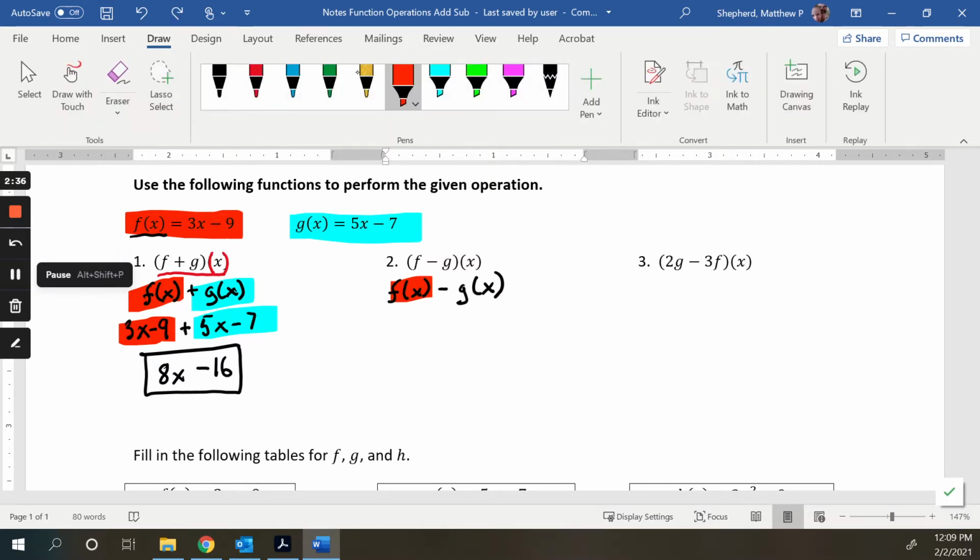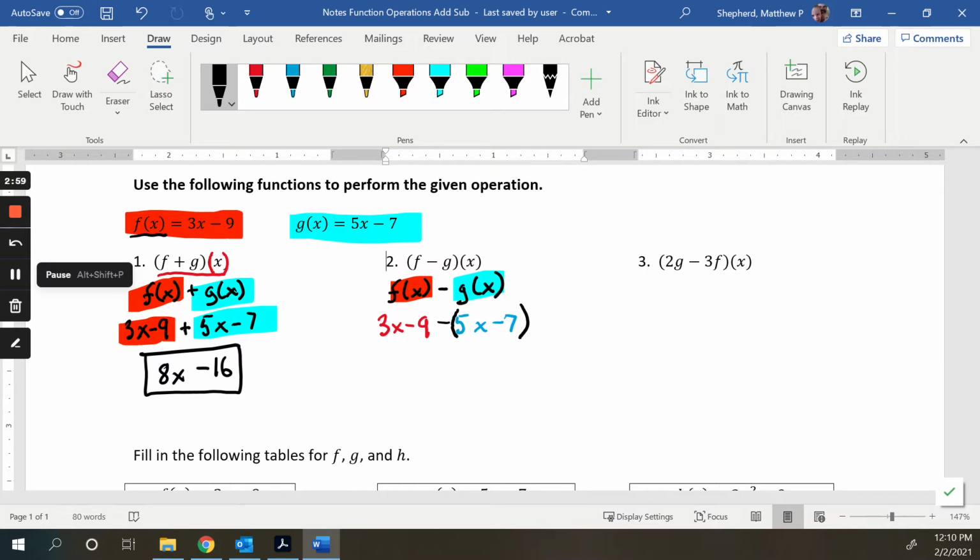That being said, I now know exactly what to put in for both of those. So f of x was 3x minus 9, and then g of x is 5x minus 7. Now, I'm going to do a little something extra. I'm going to put parentheses around g of x.